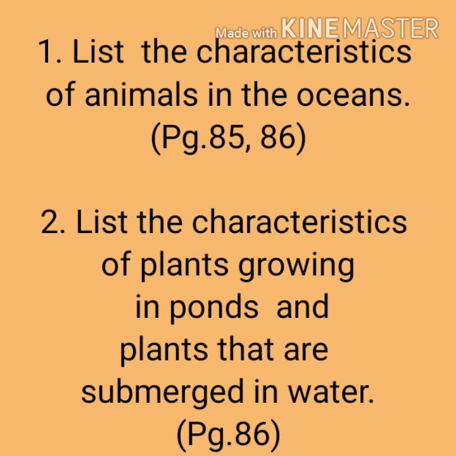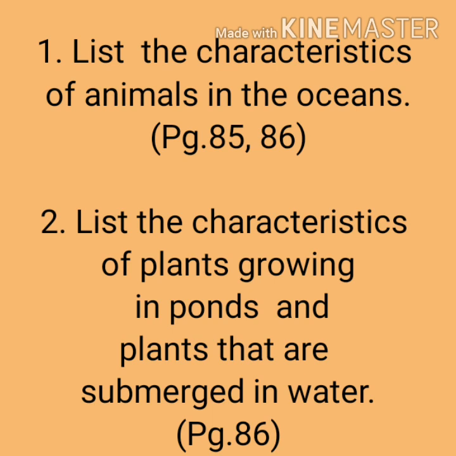Third point, that the stems of these plants are long, hollow and light. Fourth point, the stems grow up to the surface of water while the leaves and flowers float on the surface of water. Till there you have to write. Next side heading or subheading you can write as aquatic plants which are submerged in water or submerged aquatic plants. One of this you can write as subheading.